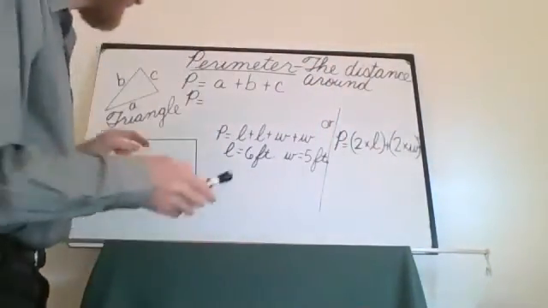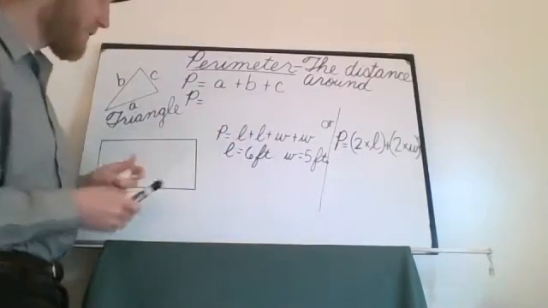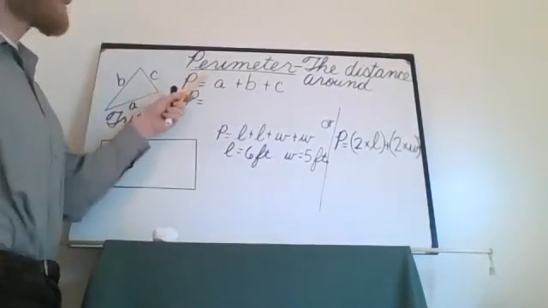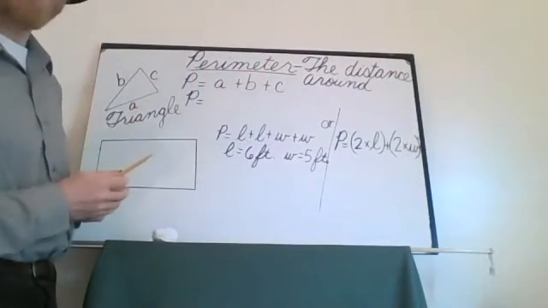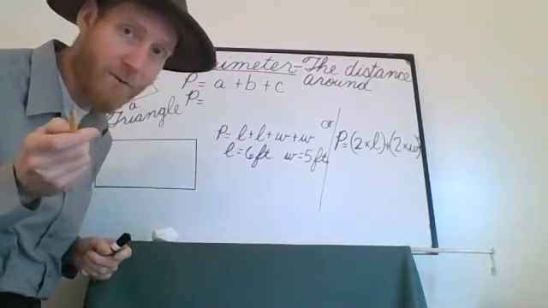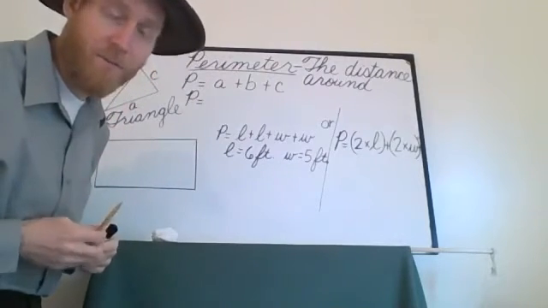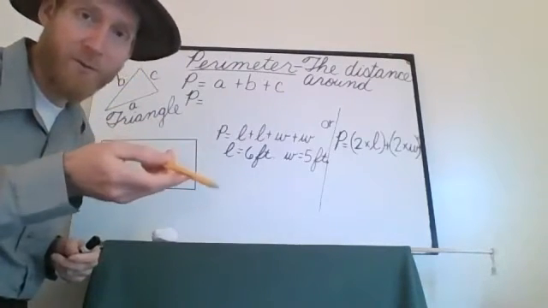I'm going to stand up, and I want you to look at what I've written on the board. Can you read that all right? This says perimeter, the distance around. Perimeter is simply the distance around. You may have heard that word before, right? Because even in 3rd grade, you may have done something like this, but we're going to go a little more involved with it now.